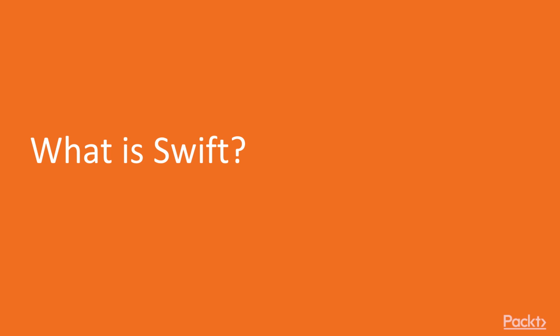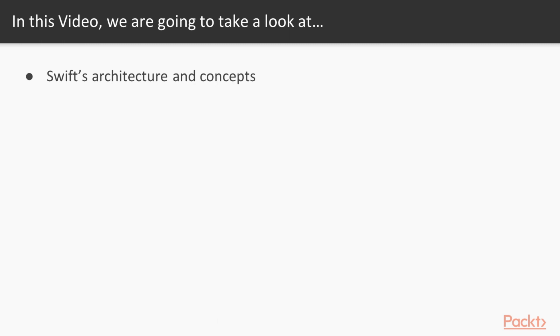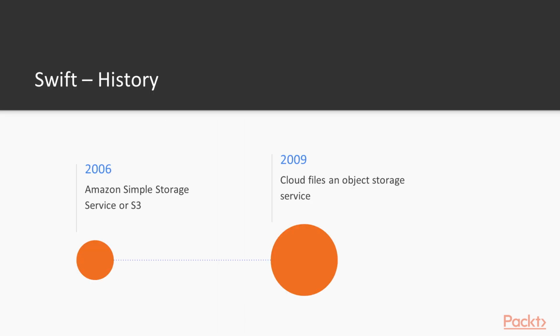What is Swift? In this video, we are going to take a look at Swift, its architecture and its concepts. In 2006, AWS launched one of their first services, Amazon Simple Storage Service, or S3 for short. Now, some of the most popular applications in the world use S3.